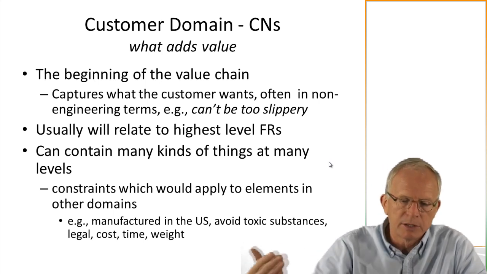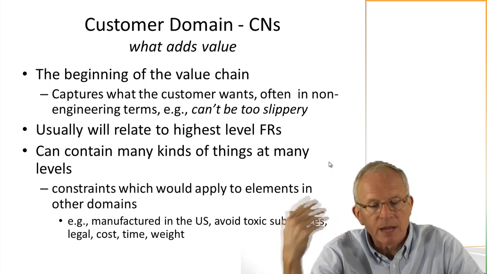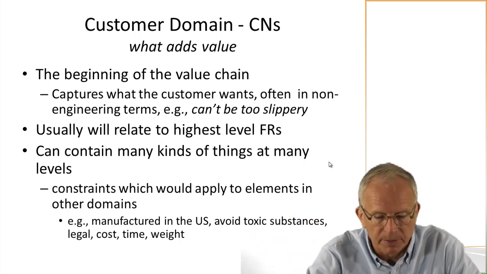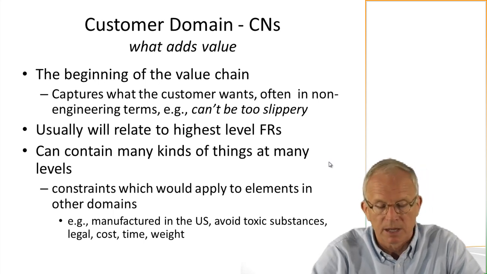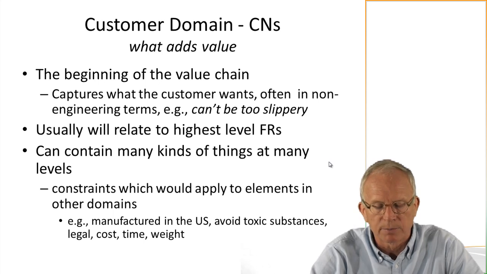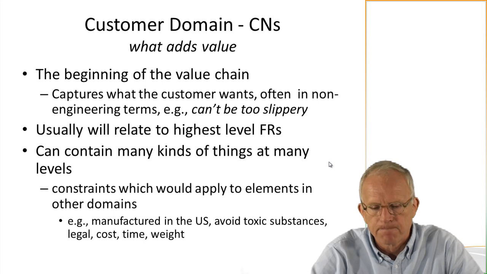Usually these customer needs relate to the highest level of the FRs, but they could contain many kinds of things at many levels. Constraints, for example, often show up in the customer domain, and they may apply to other domains besides the functional domain. For example, lots of defense contracts have to be manufactured, or things for the Defense Department need to be manufactured in the United States.